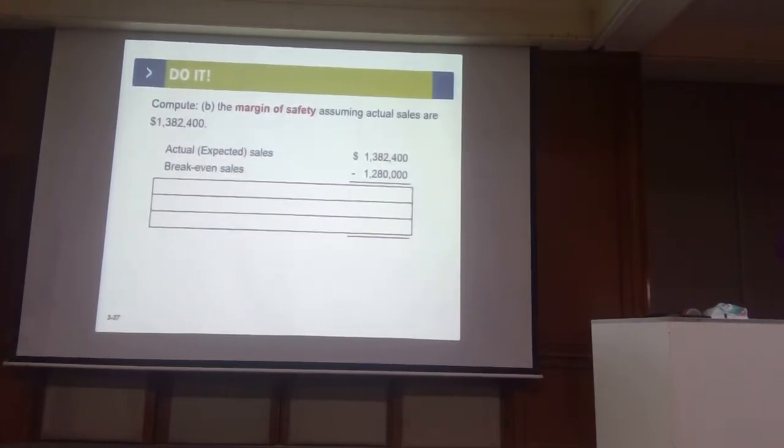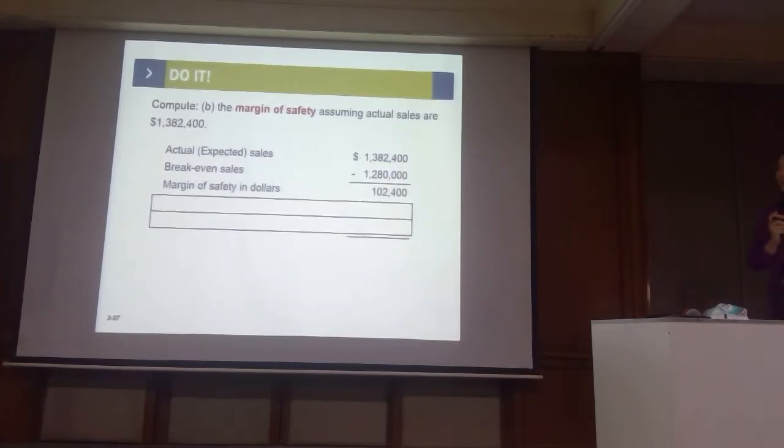We have the break-even sales from question A. Therefore, we have the margin of safety equal to 102,400. So it means that your current sales can drop by not more than this amount. If it drops more than this amount, your company will experience a loss.